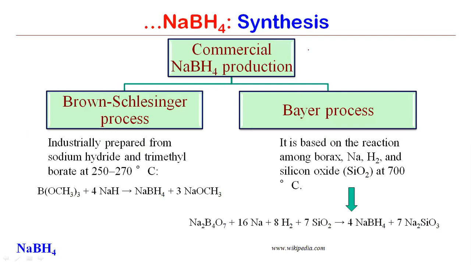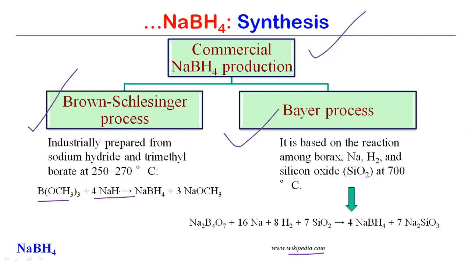As far as the synthesis is concerned, there are two most common methods. The first is the Brown-Schlesinger process, and the second is the Bayer process, which you can also study from Wikipedia. In the Brown-Schlesinger process, the substrates are sodium hydride and trimethyl borate.